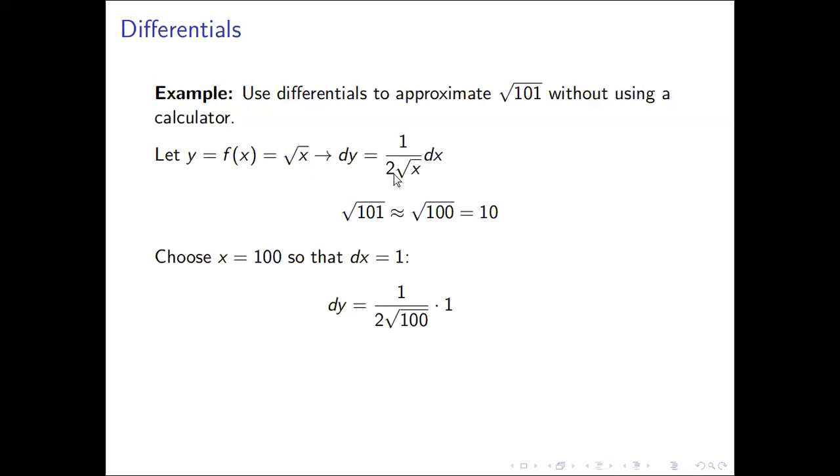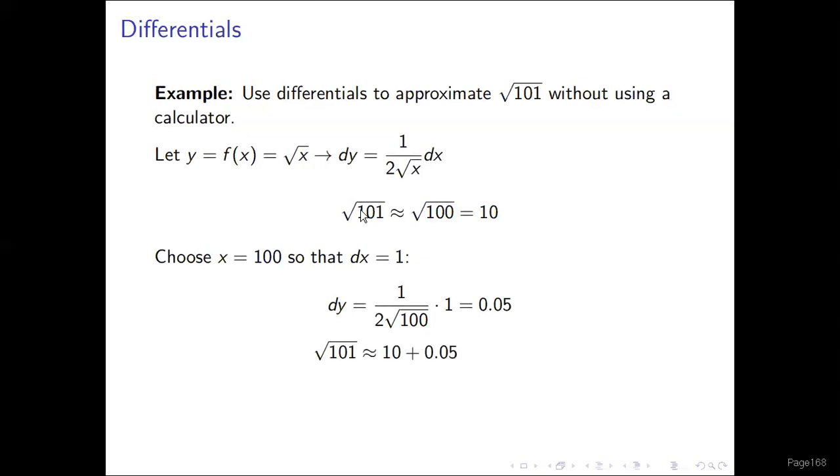dy is 1 over 2 square root of x times dx. Plugging in, 1 over 2 square root of 100 times 1, simplifying without a calculator, that can be done, 0.05, since this is just 10. So see, no calculator needed at all. So this tells us that the approximate change is 0.05. So if I use 10 to approximate the square root here, I would have to adjust about 0.05 to get the square root of 101.